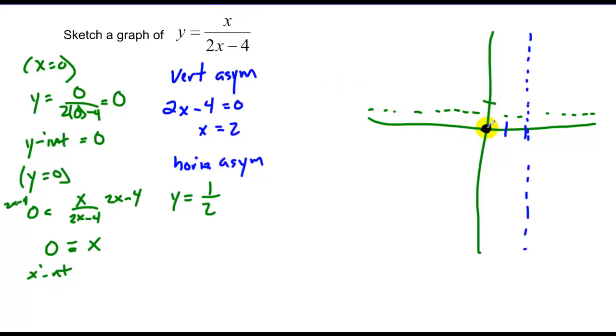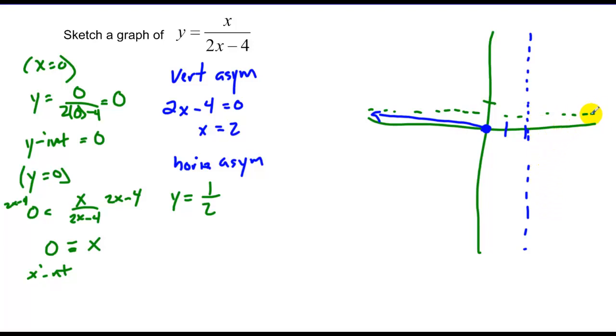So I'm going to draw my graph like this. Now what I don't know is if this is going to come up in this direction or down in this direction. I do know, however, what this other side is most likely going to look like.